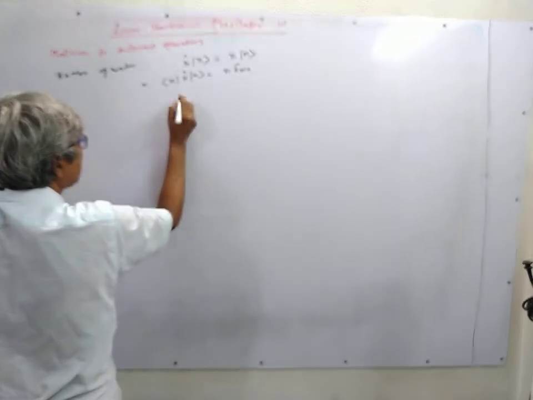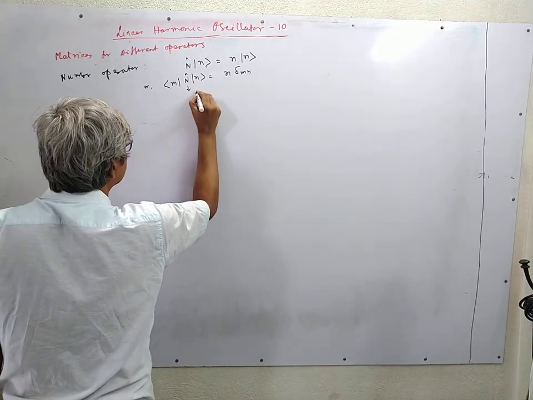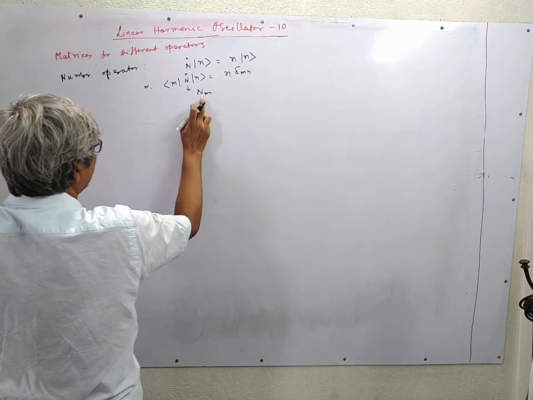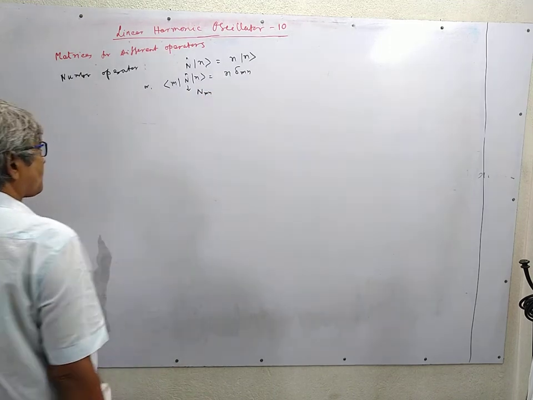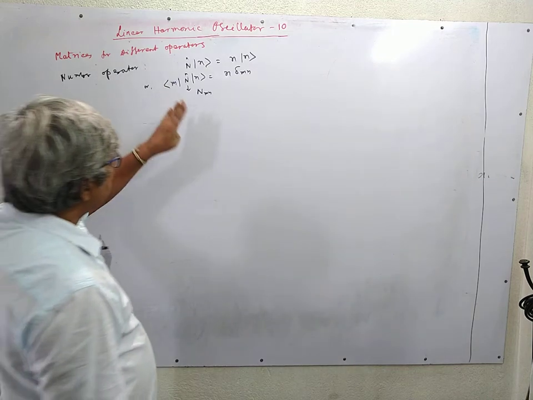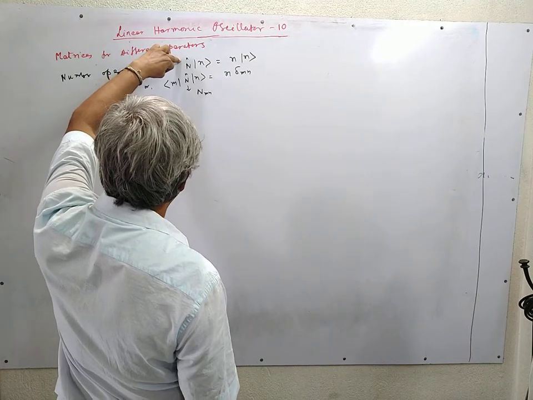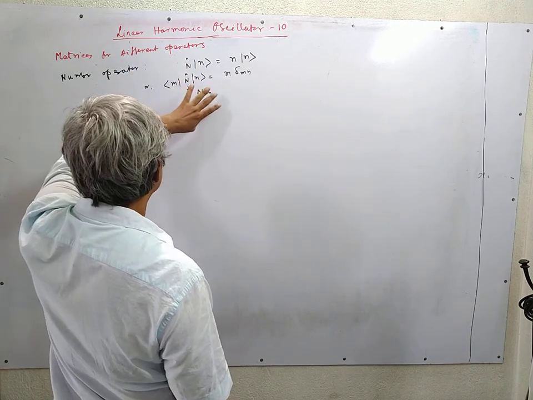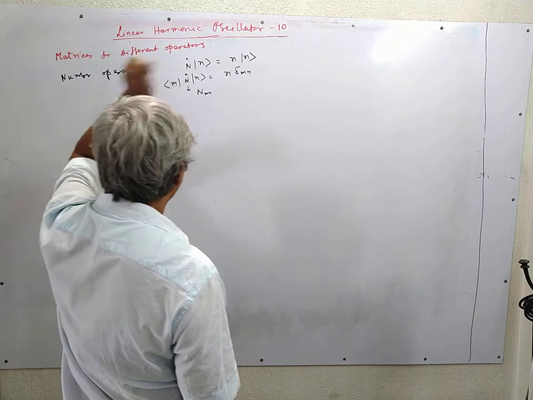This is the matrix element, and it is generally denoted as N_mn. If we want to know the matrix corresponding to n, the matrix is comprised of these elements.